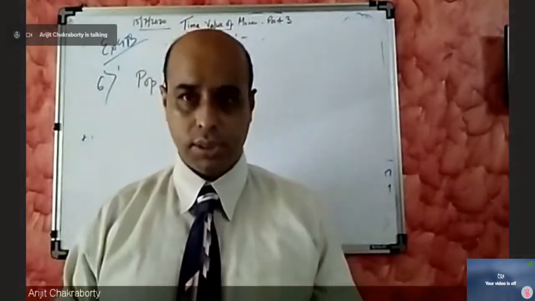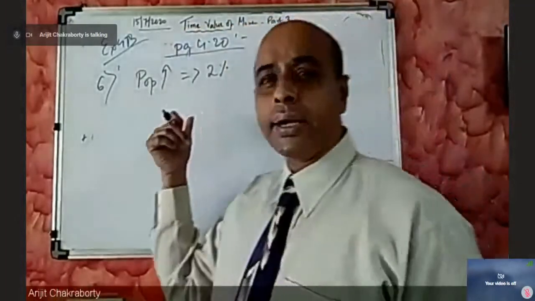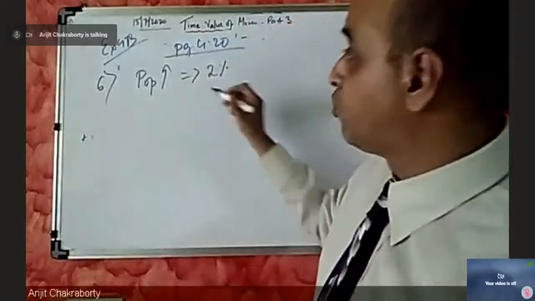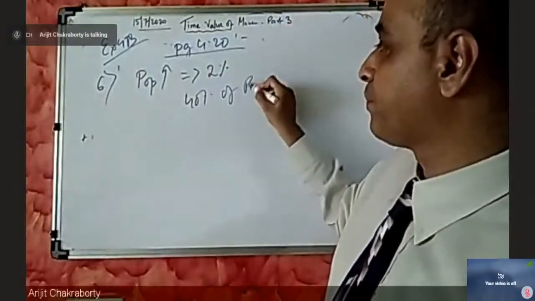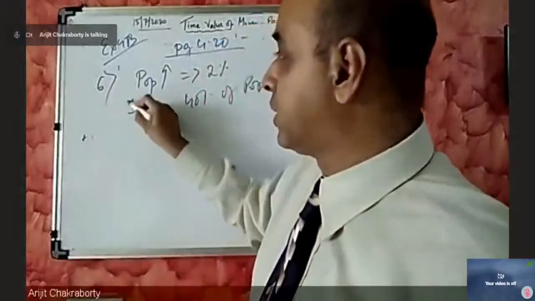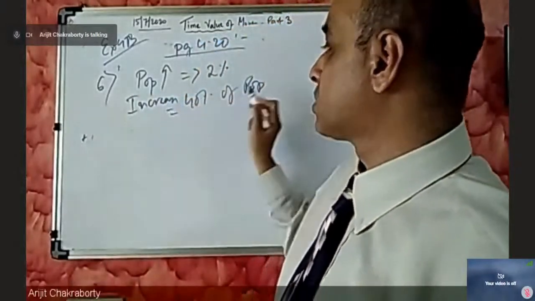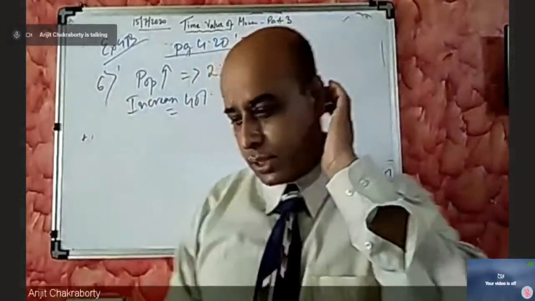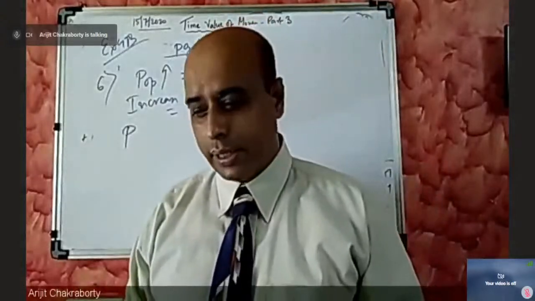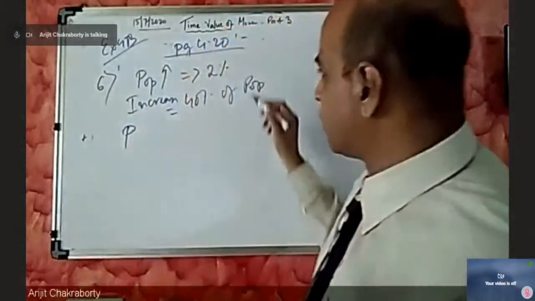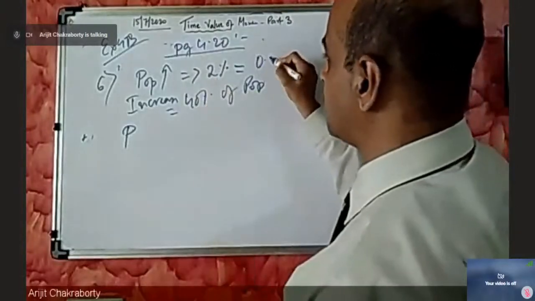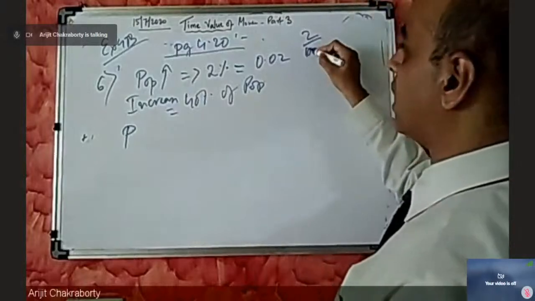Okay, what is it? Simple. So every year it increases by 2%. In how many years will it ultimately reach a 40% increase of the population? Right. The total increase will become 40% of the population. So let us assume that the population is P. Right. Now the rate of increase is 2%, which is 0.02. 2% means 2 by 100.